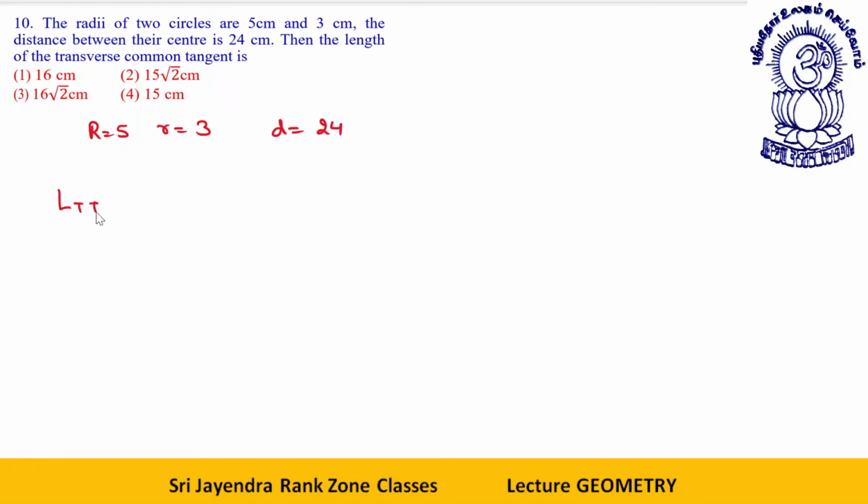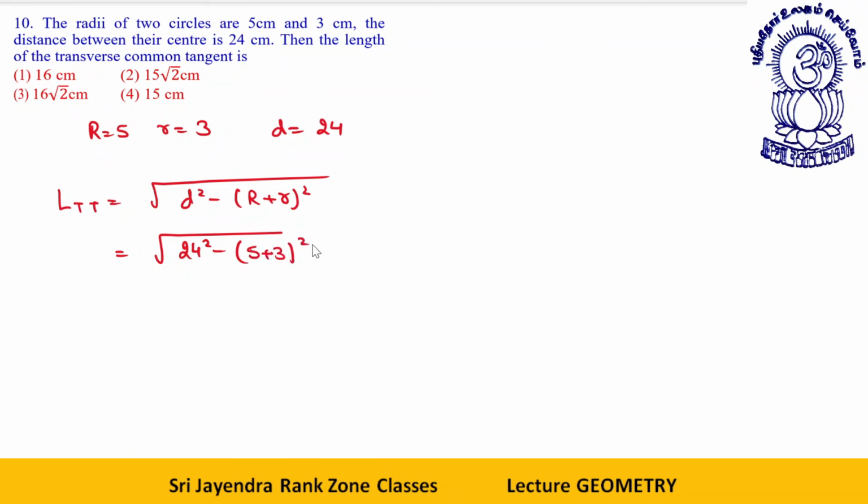Length of transverse common tangent is equal to square root of D square minus (R plus r) square as per the formula. This will give you 24 square minus (5 plus 3) square. This is 24 square minus 8 square, or I can say 8 into (3 square minus 1).